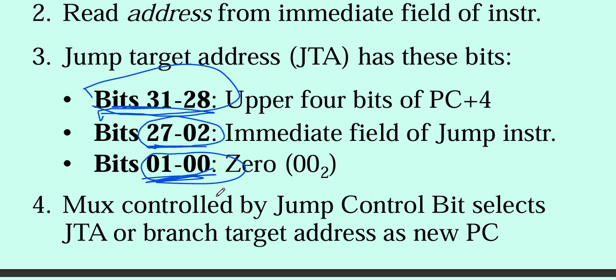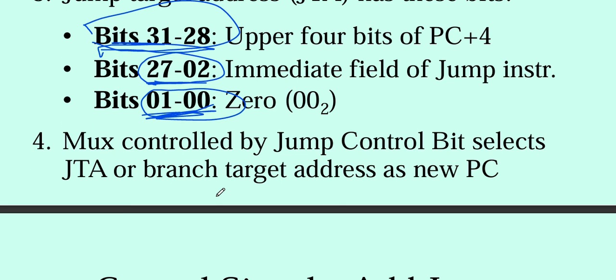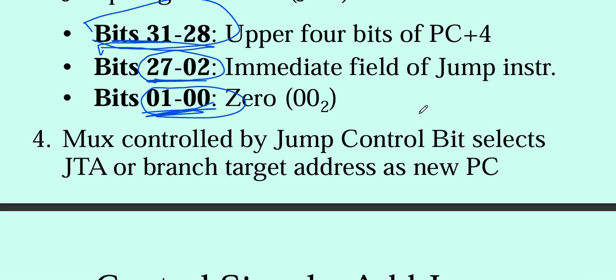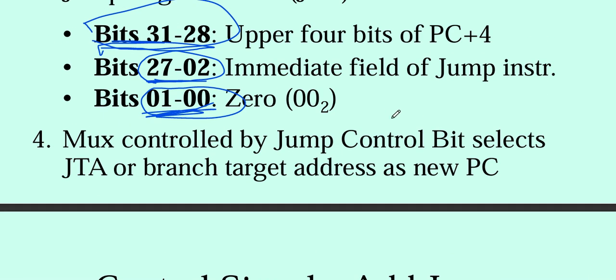So maybe you can get a question to calculate the effective jump target address. You should know what to do. The value they give you, write it down, and it will be 26 bits long. So you put the whole 26-bit value down. Now go and check your program counter. What are the first 4 bits of your program counter?